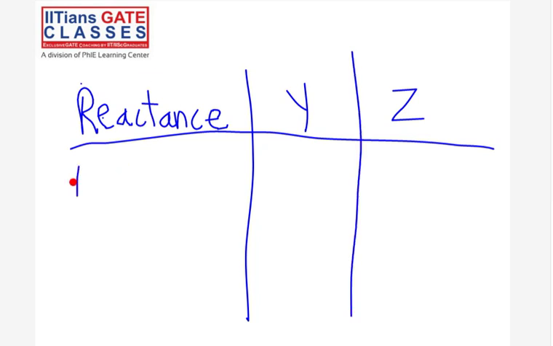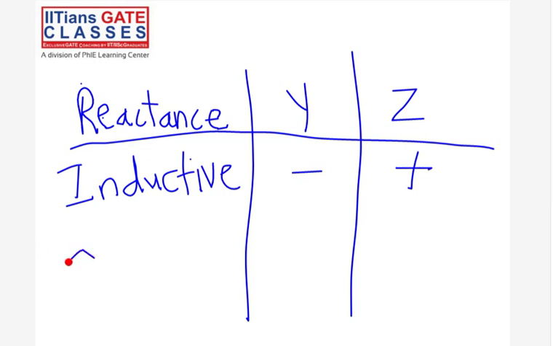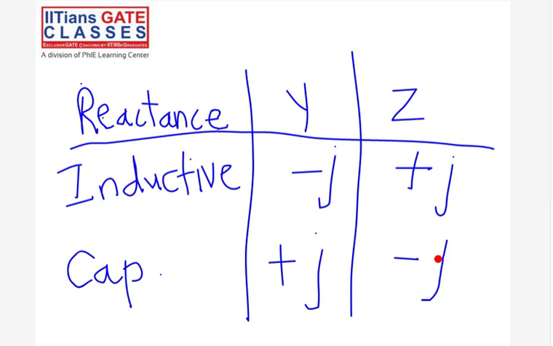If it is an inductor, this would be negative and this would be positive. For capacitive, this would be positive, this would be negative. Is it better now? Okay, good.